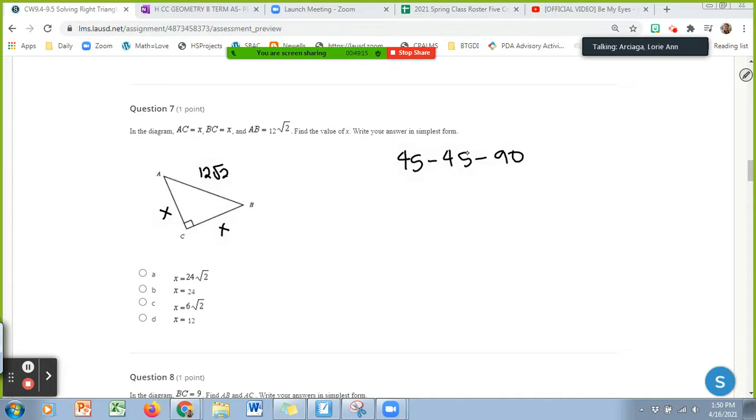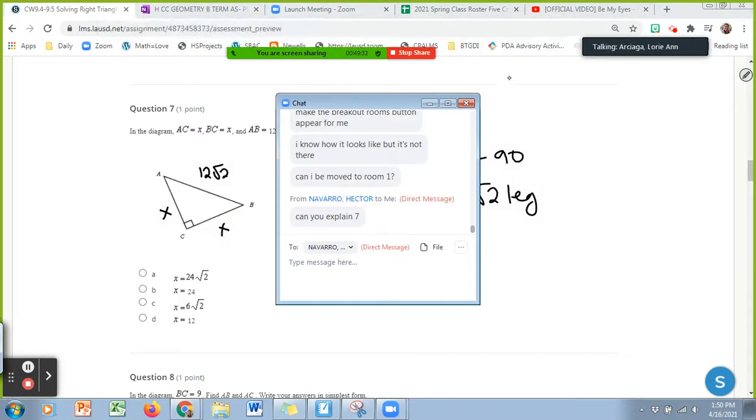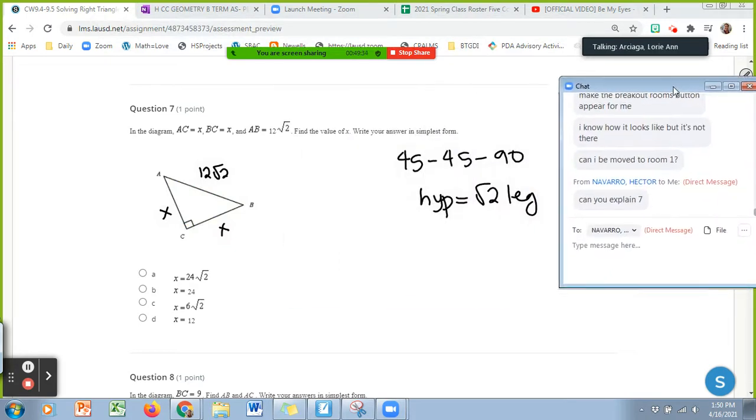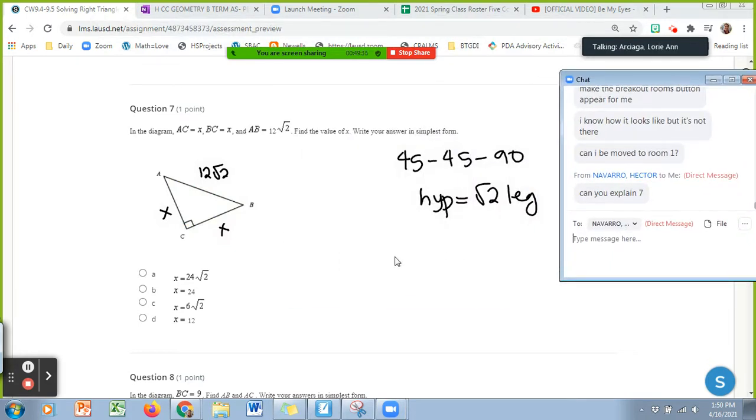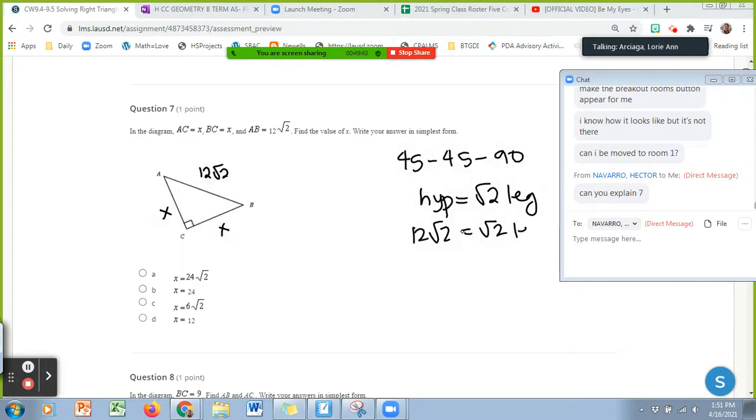So it's 45, 45, 90. There's only one formula for 45, 45, 90. Hypotenuse is radical 2 times the leg. So that means your hypotenuse is the one across 90 degrees, so 12 root 2 equals root 2 times the leg, which is x. So this is root 2 times x.